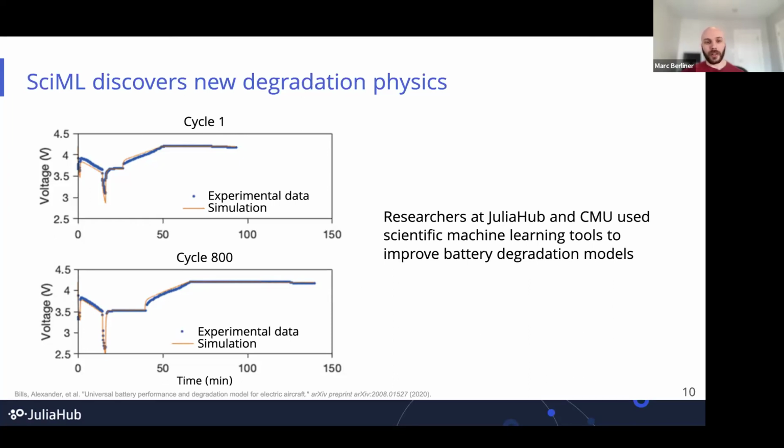They found that they can predict and figure out what these degradation protocols are pretty well and extrapolate them all the way to very early and very late parts of the battery life cycle.